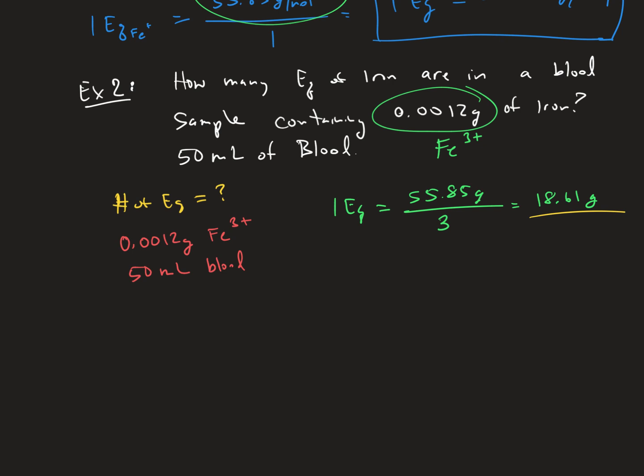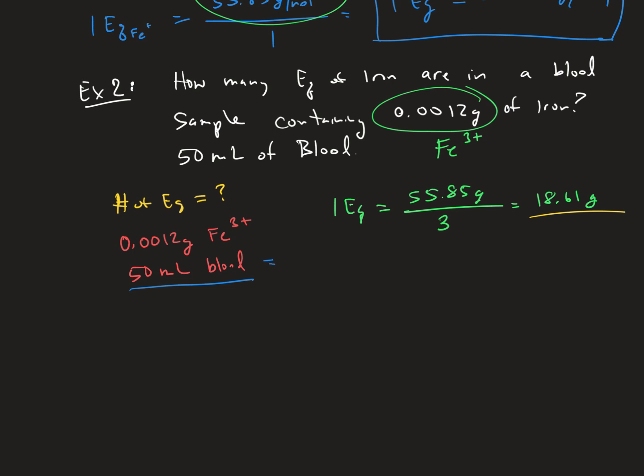Okay, now what do we do? I don't know, you tell us, you're the teacher. It depends on what we want our answer in, right? If we want it per liter or per milliliter. Yeah, we probably do want it per liter, right?